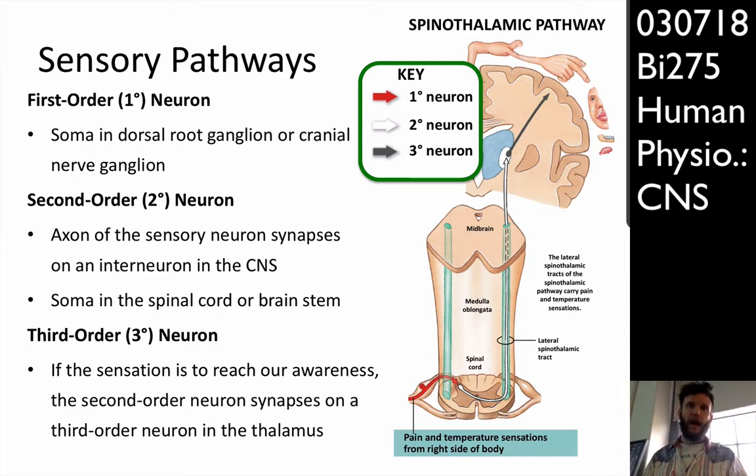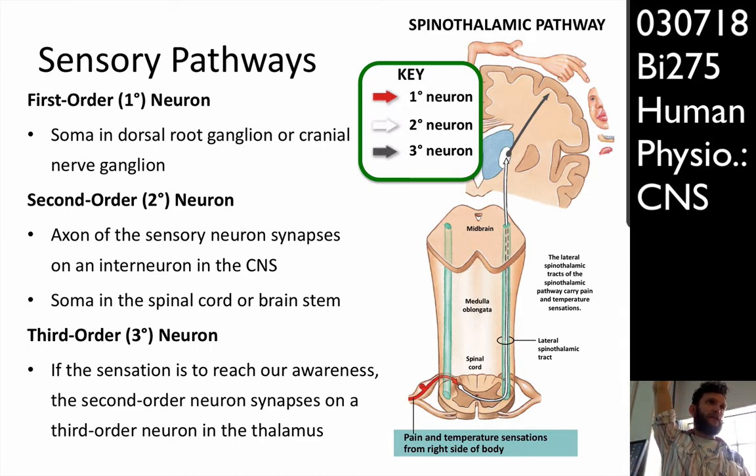It comes in to one of the sensory nuclei in the gray matter of the spinal cord, and it synapses on a second order neuron. The job of the second order neuron is to just go upstairs.